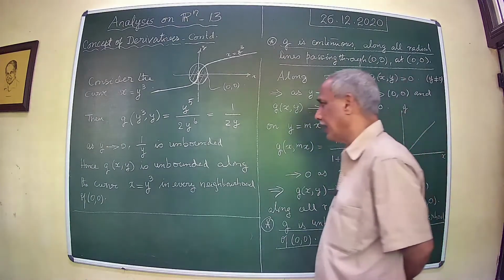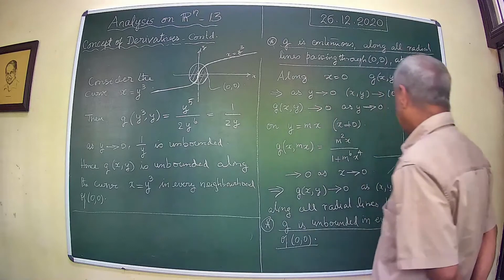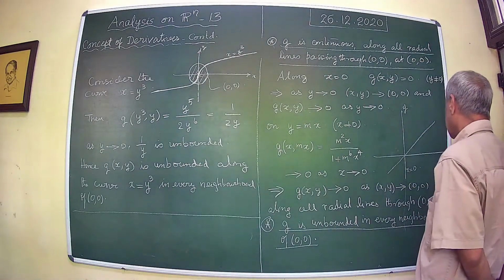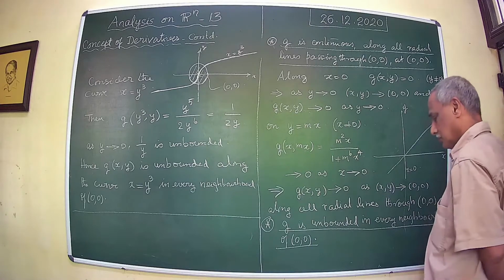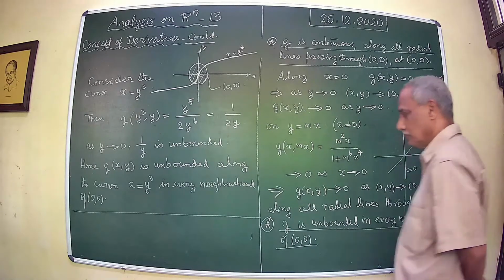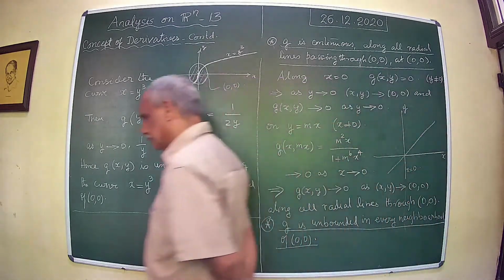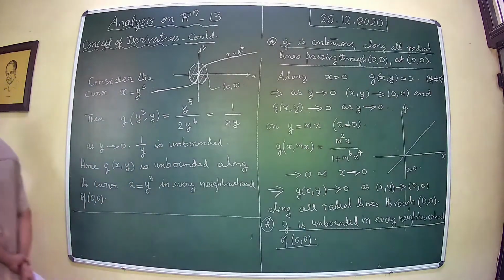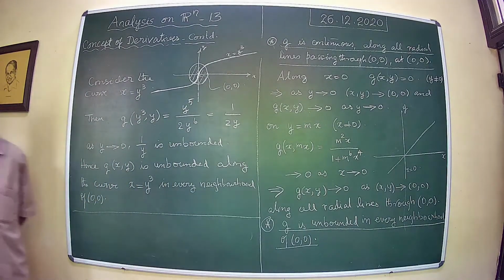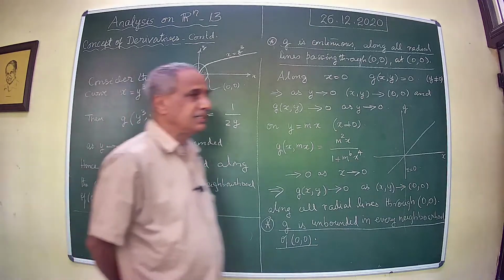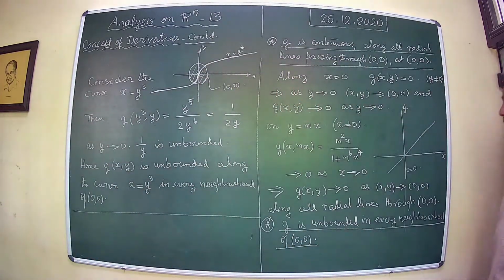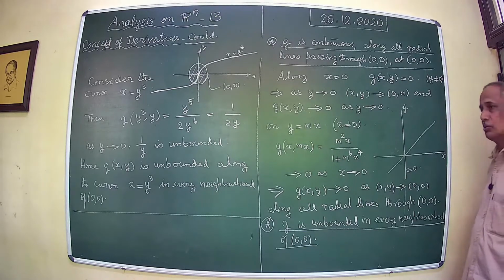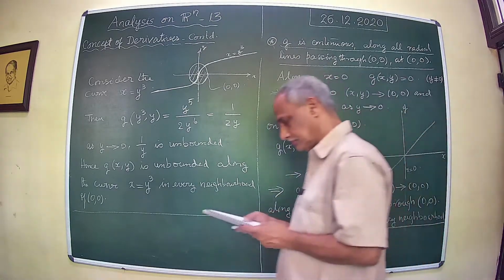So if you take a point x, y which is not 0, 0, and take a neighborhood of that which does not include 0, 0, then the function is bounded. It's only in the neighborhood of 0, 0 that you encounter some trouble.